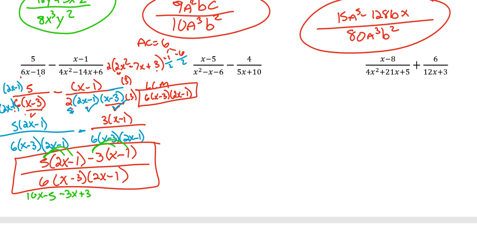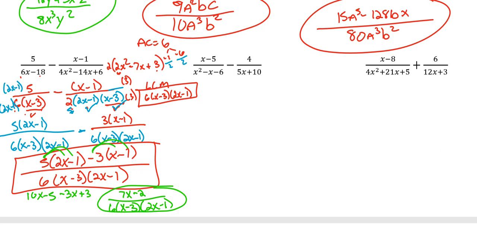And then my answer would be 7x minus 2 over 6 times x minus 3. So just be comfortable knowing that sometimes you might have to keep going and sometimes you can stop, depending on the problem.